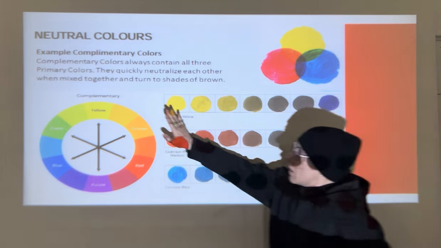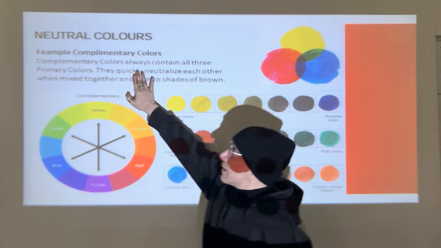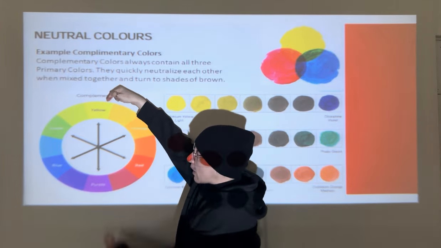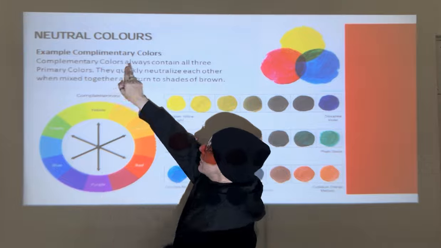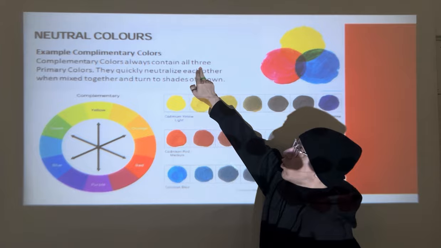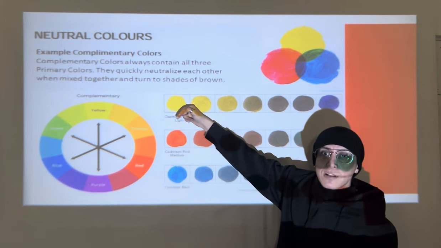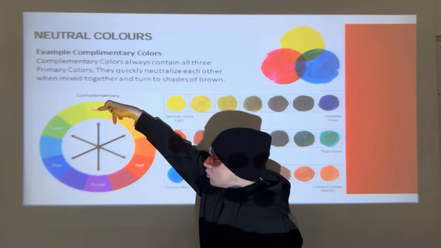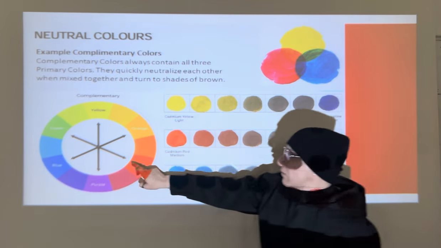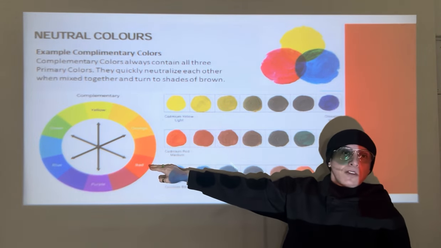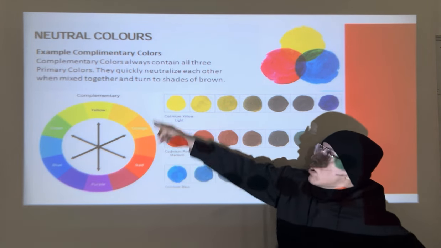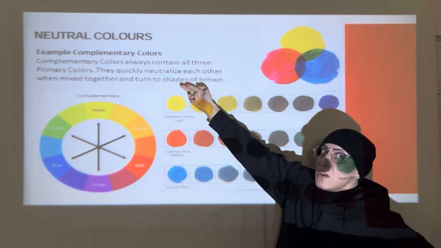Now, look, complementary colors, so colors that are opposite on the wheel, always contain all three primary colors. What are the three primary colors we talked about? Yellow, blue, and red. Those are the three primary colors. Now, complementary colors contain all three.